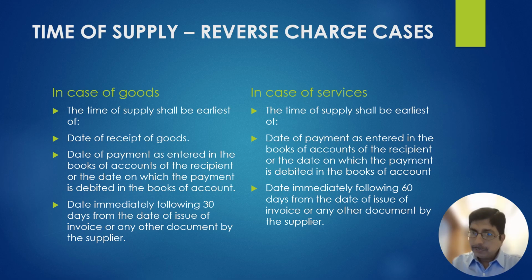Here there is no concept of provision of service, because I already mentioned services are essentially intangible. So the time of supply in case of reverse charge is the earliest of the date of payment entered in the books of accounts of the recipient or the payment debited in the bank, whichever is earlier, or the date immediately following 60 days from the date of issue of invoice.